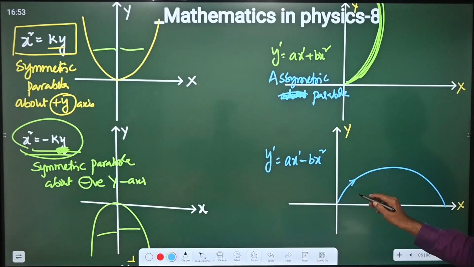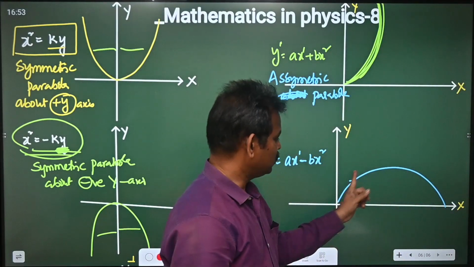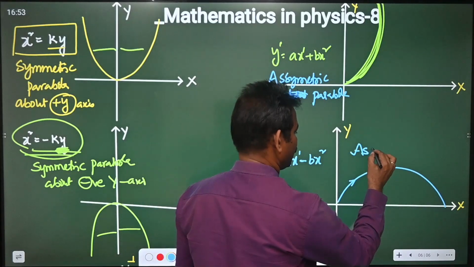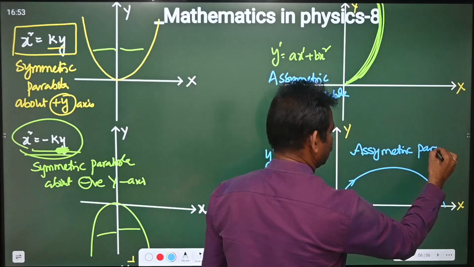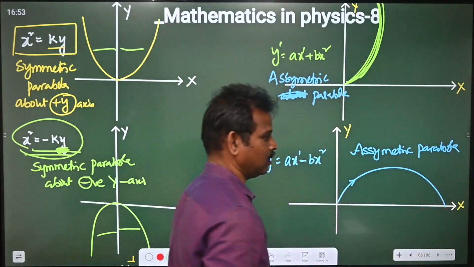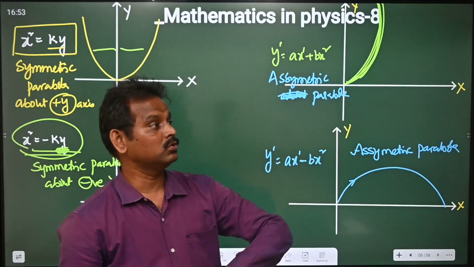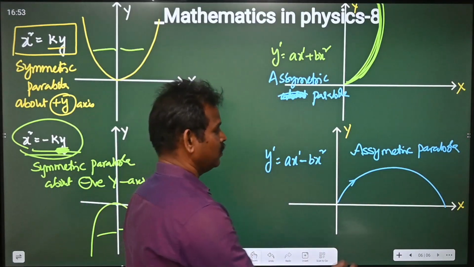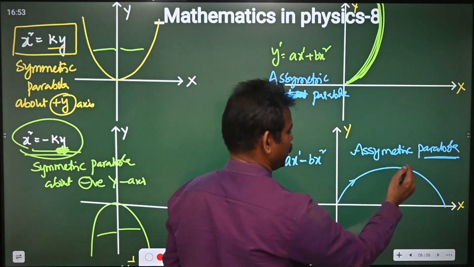And this is most important. Whenever a body is thrown into the air, it moves in this path, and this is called an asymmetric parabola path. Not only this, even if you take a volleyball or a football that is kicked, it moves in a path, and that path always represents this parabola, which is not symmetric, an asymmetric parabola.